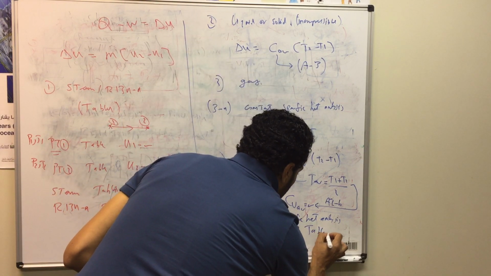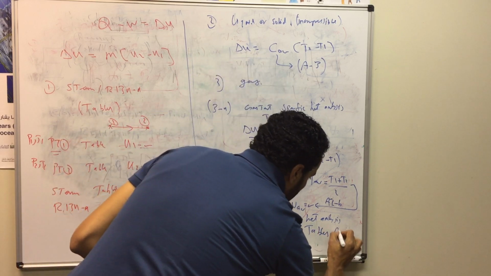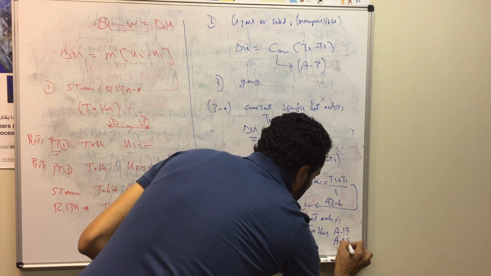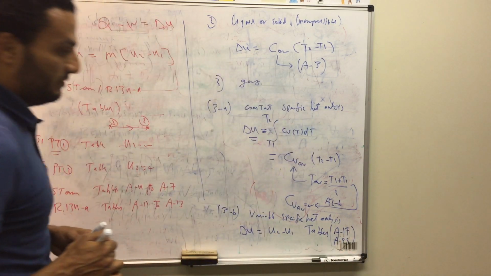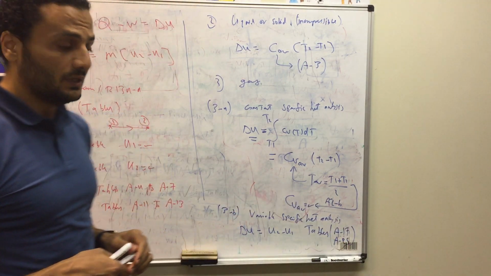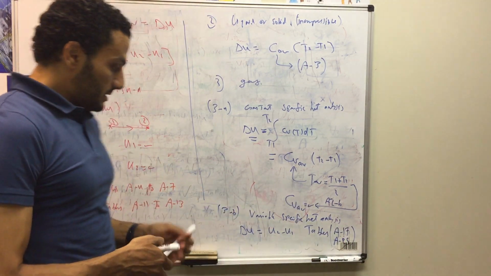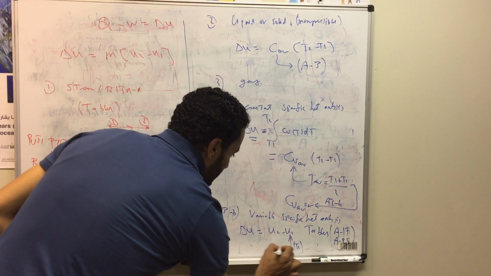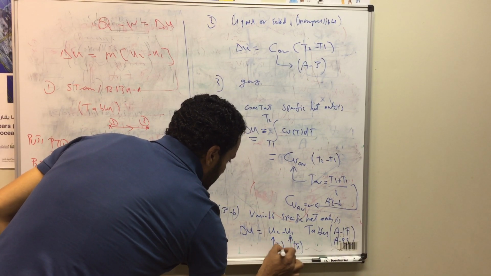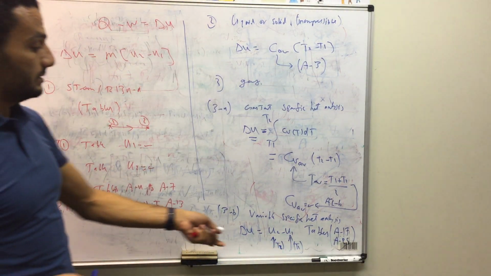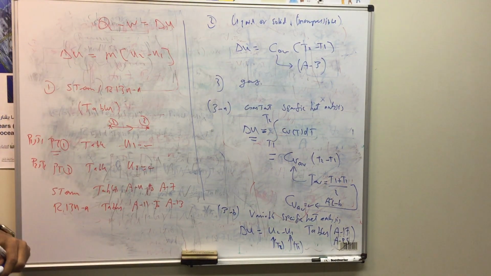But the working fluid is a gas, so I will be using one of the tables from table A17 up to table A25 depending on the substance. For air as an example, this is table A17. At temperature T1, you can just go to the table and get u1, and at temperature T2, you can go to the table and get u2, and you will say delta U equals u2 minus u1.